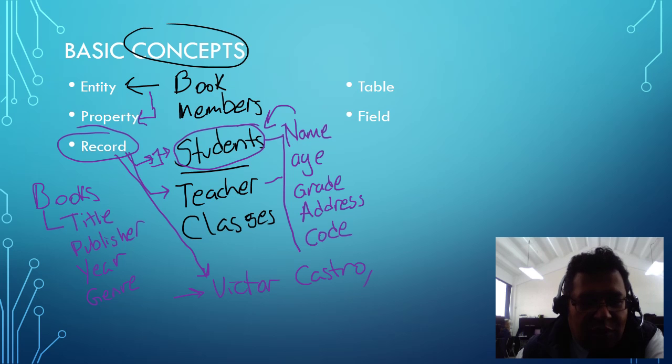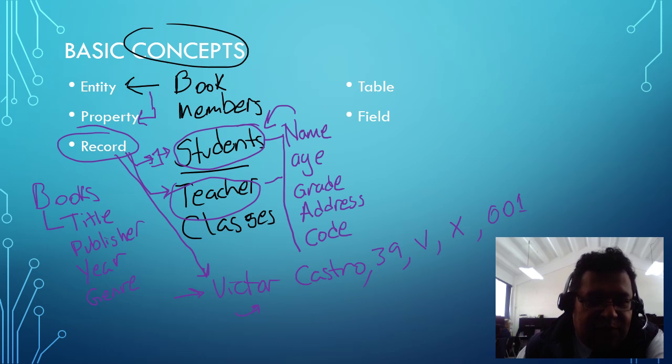And of course, my properties are my name, my age, my grade. Well, the teacher wouldn't have a grade, but let's say I'm in charge of quinto curso, my address, my code. All right, so that becomes a record in the entity teacher with the list of properties, right?